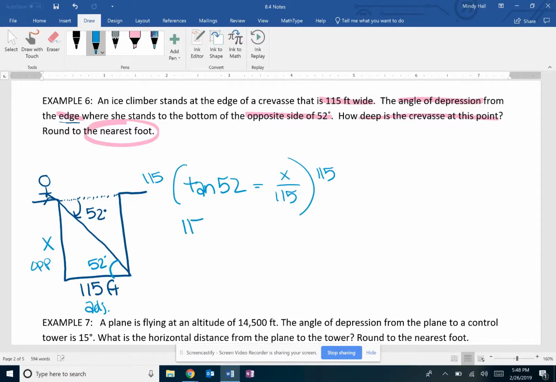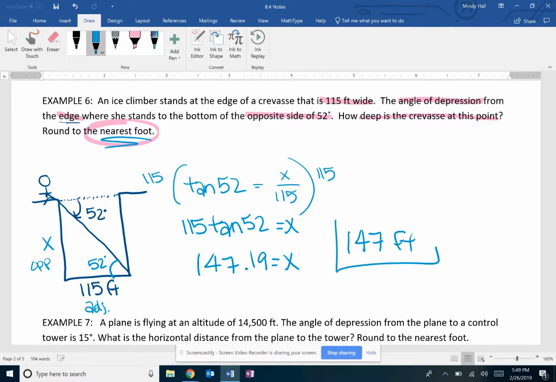When you have 115 times tangent of 52, that equals 147.19. So again, nearest foot, it's going to be 147 feet tall.